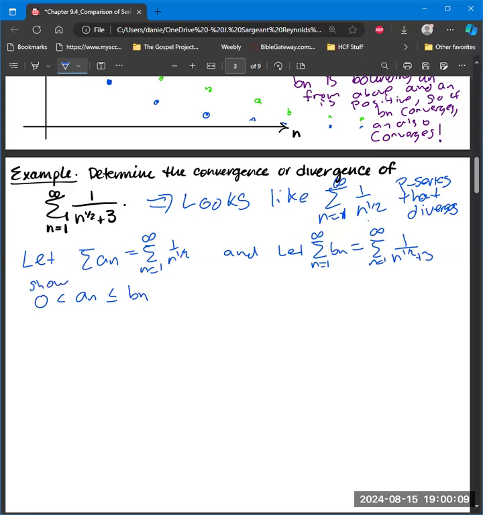Show for all n greater than or equal to 1.